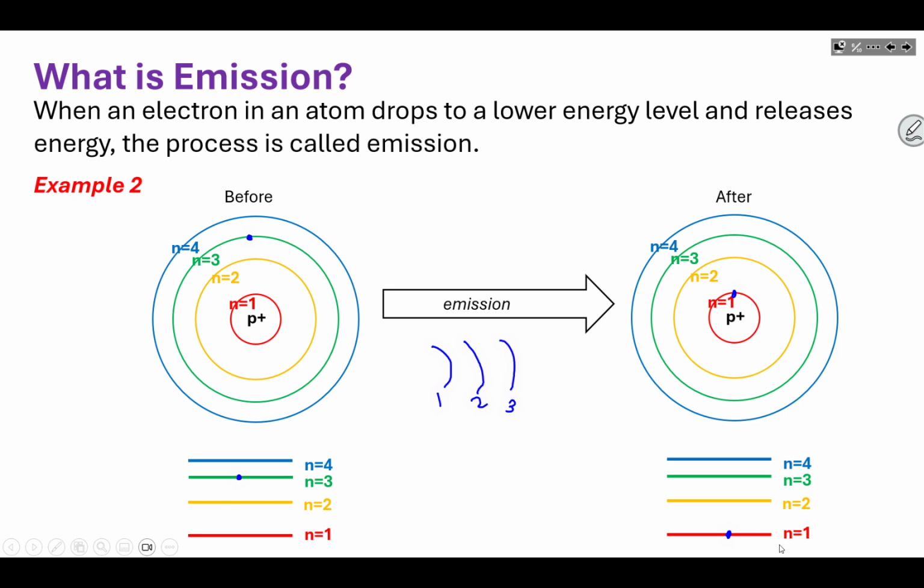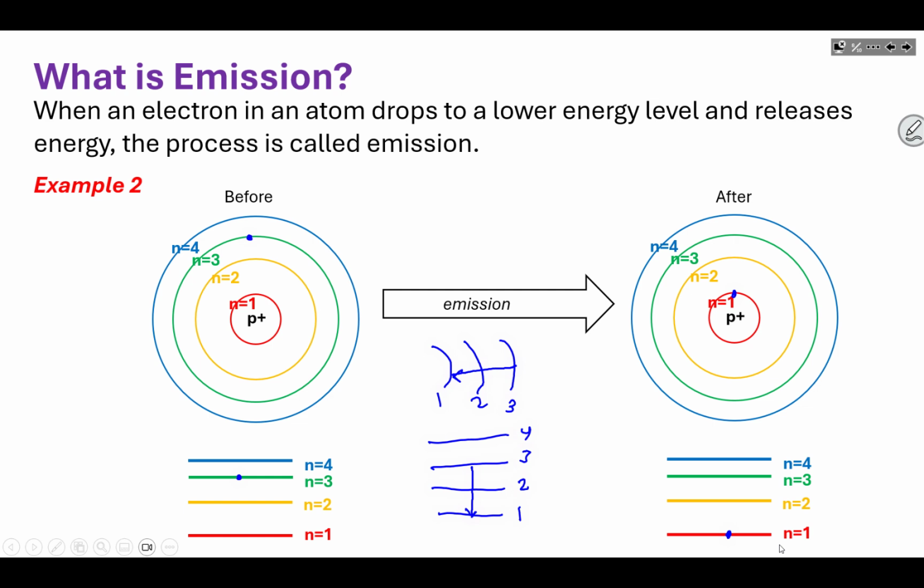These are not to scale, of course, and the arrow would just look like that. And if we're using this type of diagram, 1, 2, 3, 4, the arrow would look like that. Okay, again, not to scale.